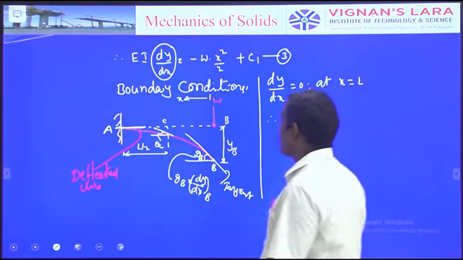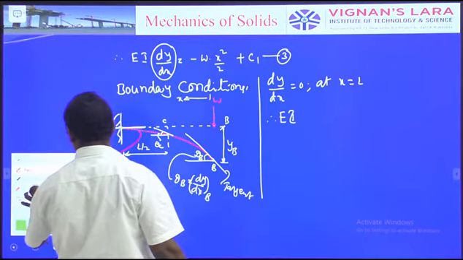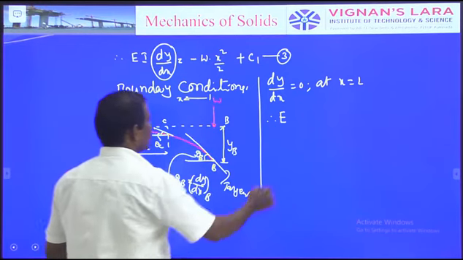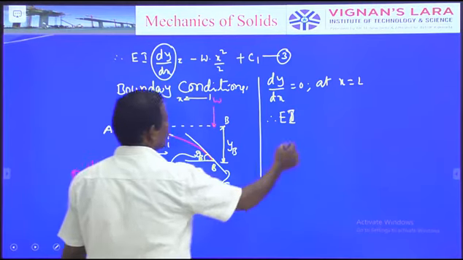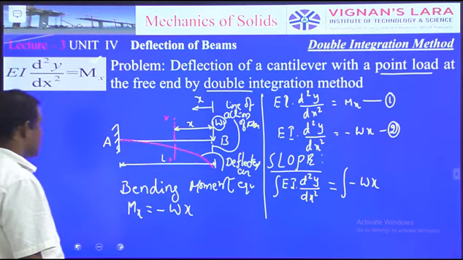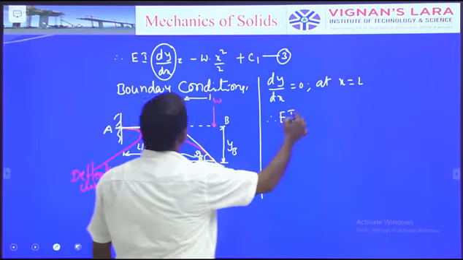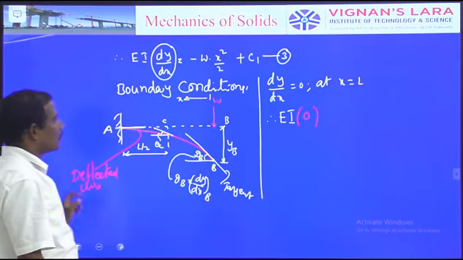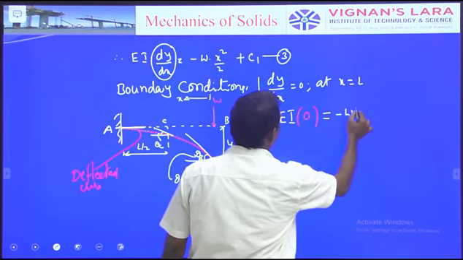Therefore, finally, that equation becomes EI into dy by dx, which is 0, is equal to minus w into x value.